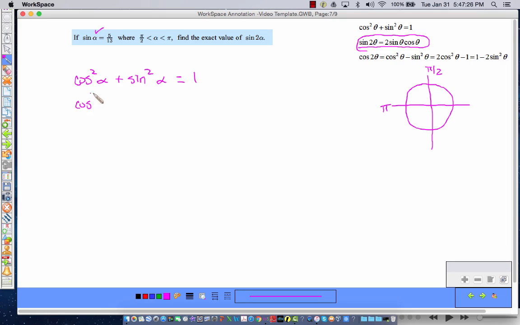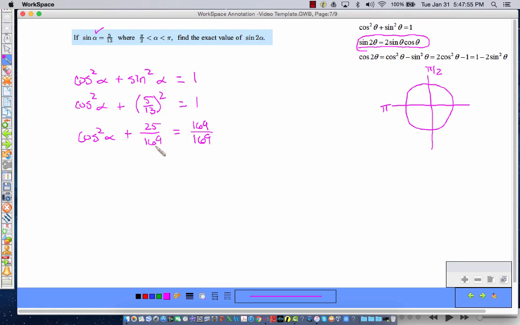So cosine squared alpha plus sine squared alpha, where sine alpha is equal to 5/13, so 5/13 squared, is equal to 1. So cosine squared alpha plus 25 over 169 is equal to 1. Now I have a denominator of 169 here, so I'm going to change 1 to 169 over 169.